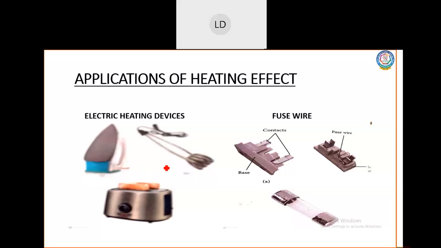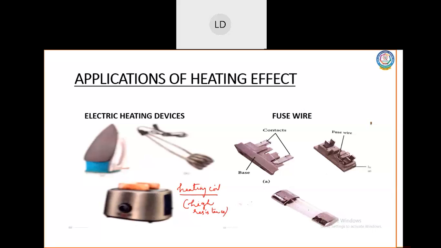So all these appliances have what is called a heating coil, which has a very high resistance. When you pass electric current, the amount of heat energy produced by this heating coil will also be very, very high.